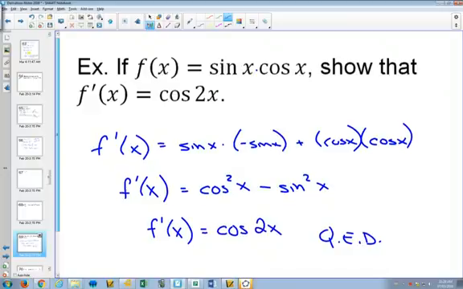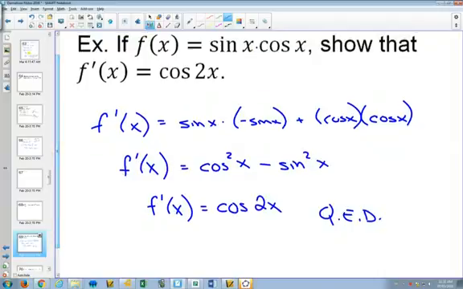So a second way to do this proof is to say, I want a cos 2x. If cos 2x is supposed to be my answer, and I know that the derivative of sine is cos, maybe if I had a sine 2x to start with, then I could get a derivative of cos 2x in the end.